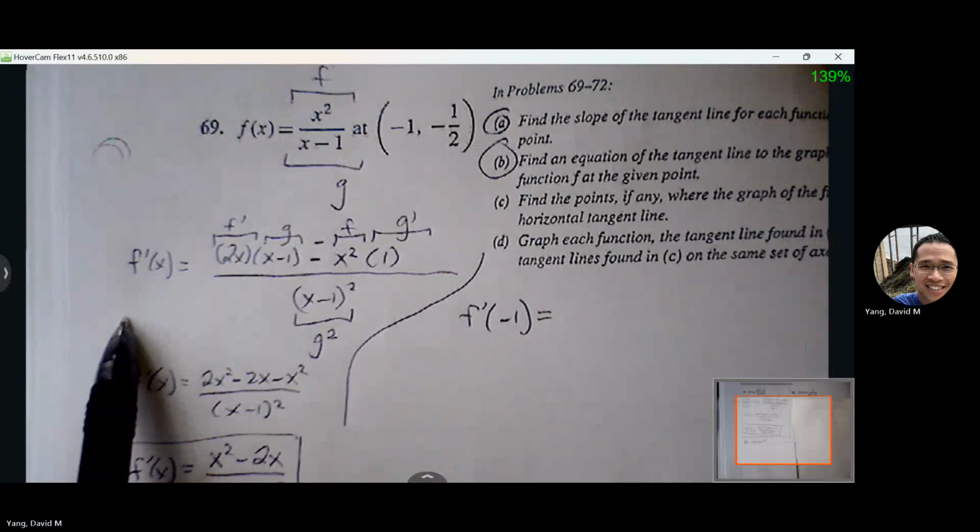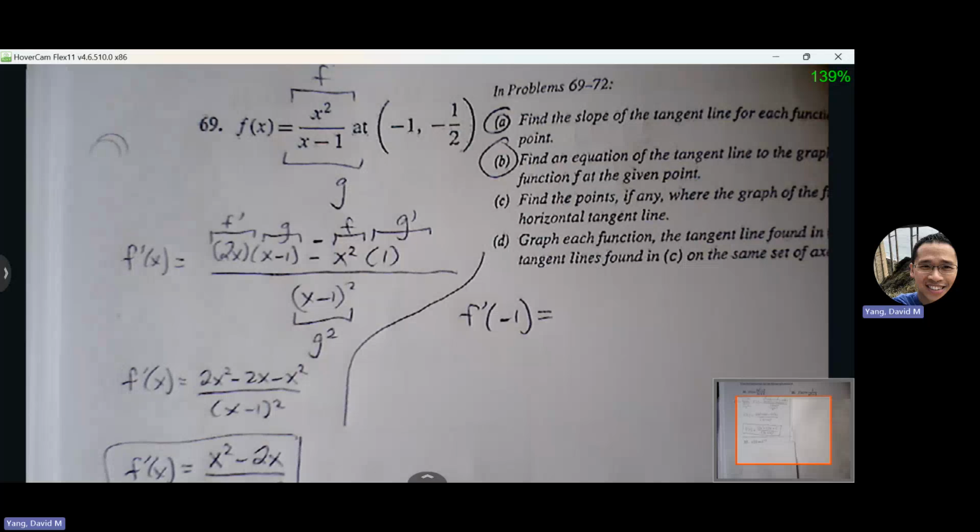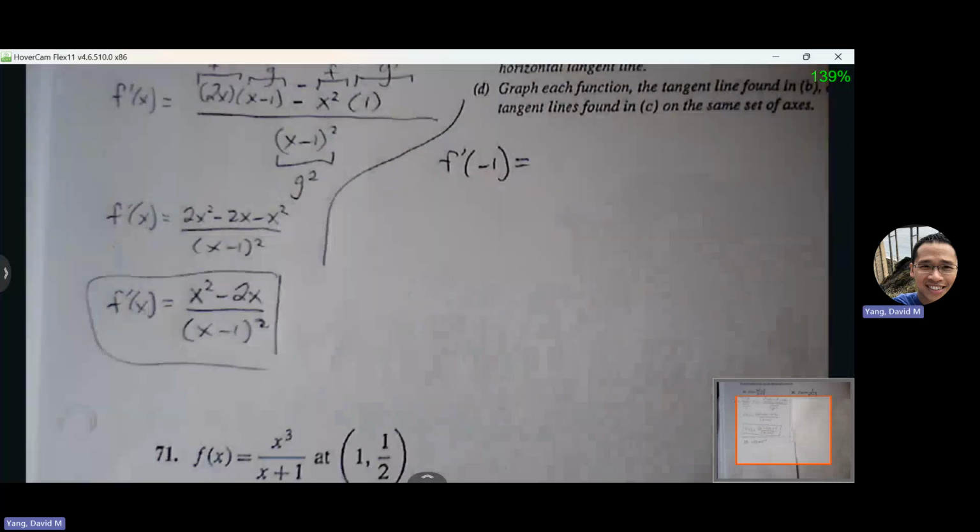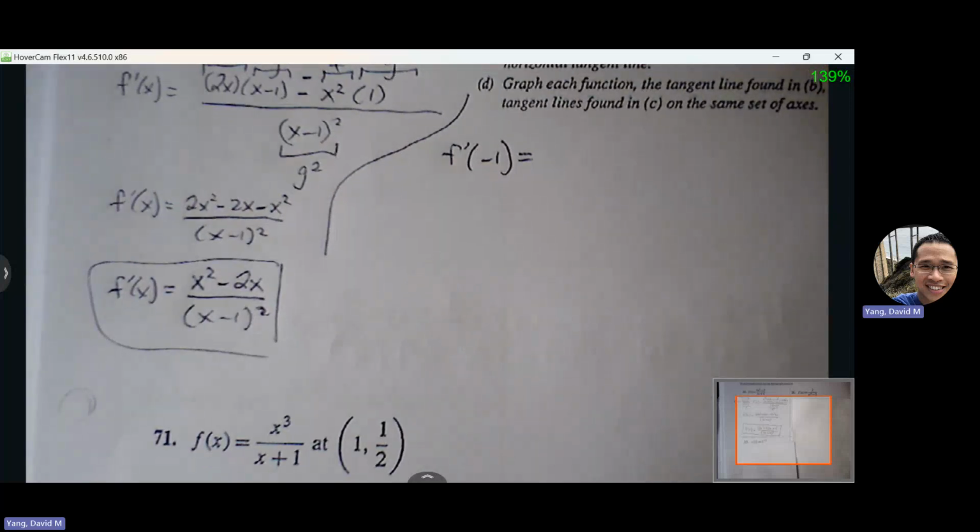But if you're just in a cleanup process, like with these power rule problems where you're just splitting up into individual fractions, then it still stays as f of x. But once you begin one of your derivative processes, either power rule, product rule, or quotient rule, you're going to begin calling it f prime. All right, thank you.